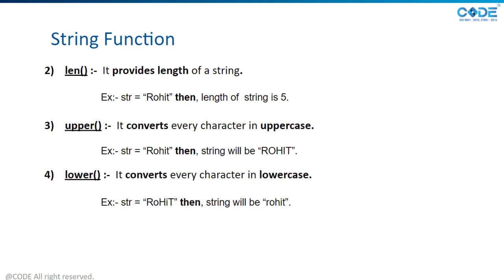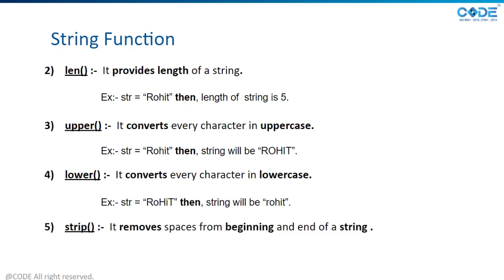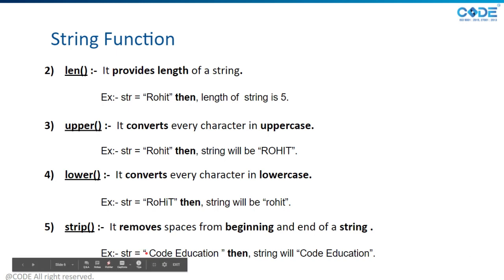Now our next and last function is strip. What does strip do? It simply removes spaces from the beginning and end of the string. In the example, you can see it is written str equals to double quote, space, code, space, education, and then space and then double quote. So in this example, there are a total of 3 spaces.